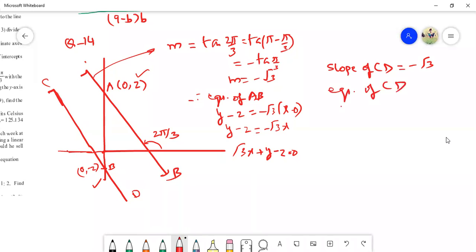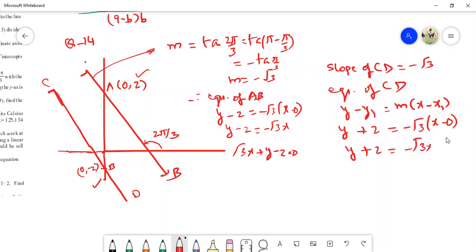Equation of CD will be y minus y1 equals m times x minus x1. y1 is minus 2, so minus minus is plus 2. Gradient is minus root 3. X minus x1 is again 0. So its equation will be y plus 2 equals minus root 3 x. Therefore, root 3 x plus y plus 2 equals 0 is the required equation of the line CD, which is parallel to AB.